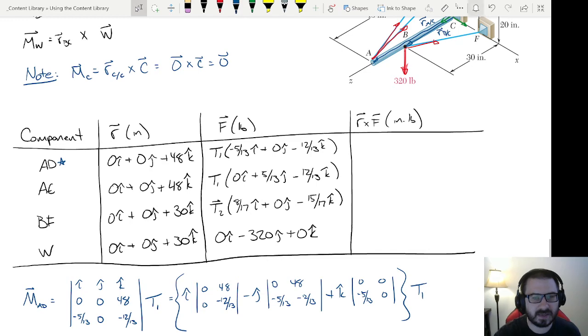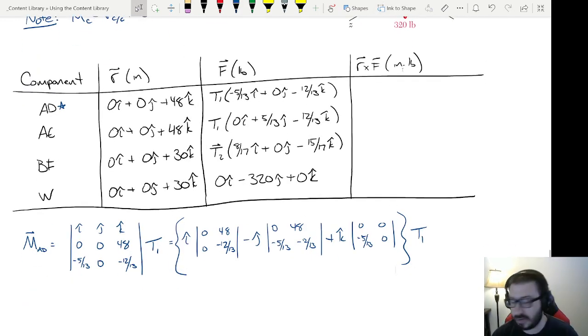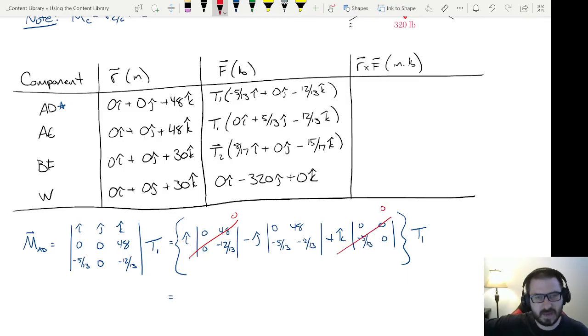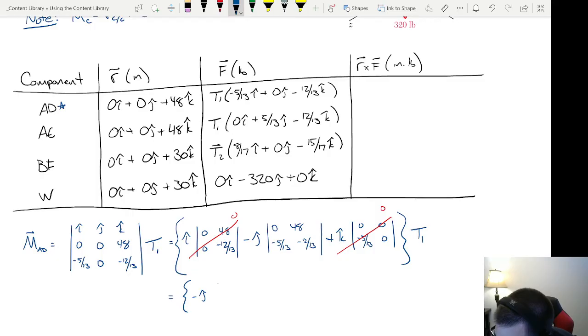I'll use squiggly brackets. Okay. And so when it's all said and done, this one goes to 0 because you have 0 minus 0. This one goes to 0 because you have 0 minus 0. The only thing that you have is negative J times, and then you have 0 minus 48 negative 5/13.